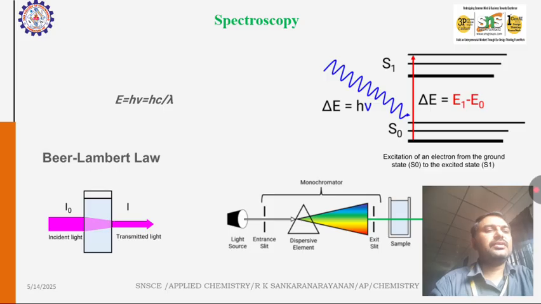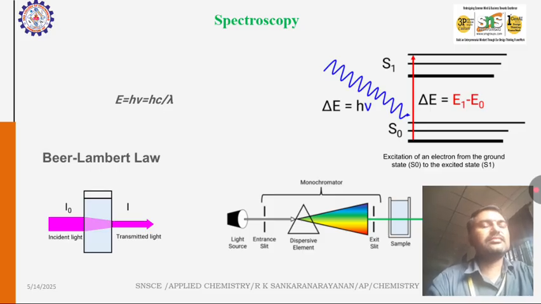Here the energy levels split in two ways: the ground state is E0 and the excited state is E1. When light is passed on the substance, it gets excited to the next energy level, E1.